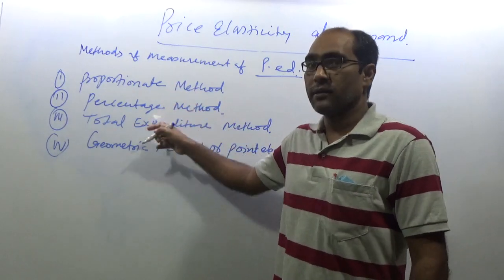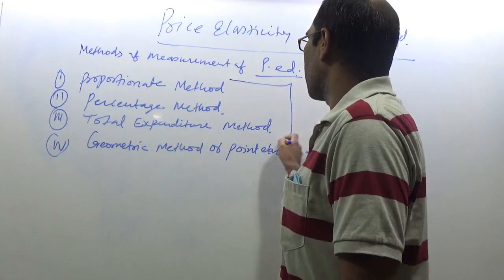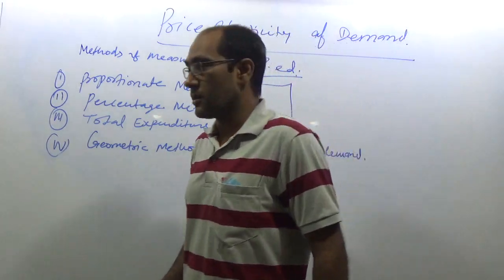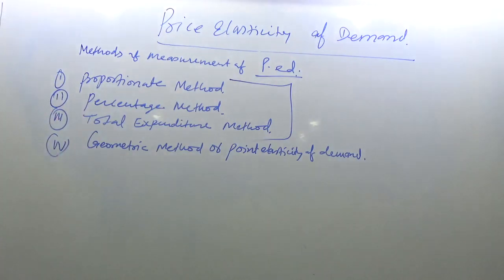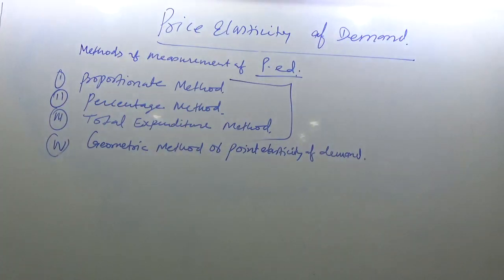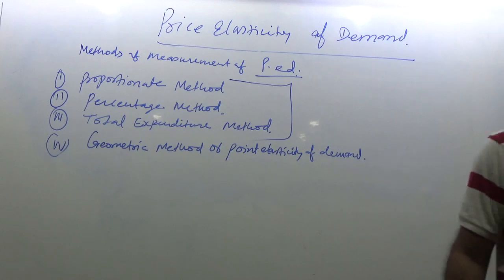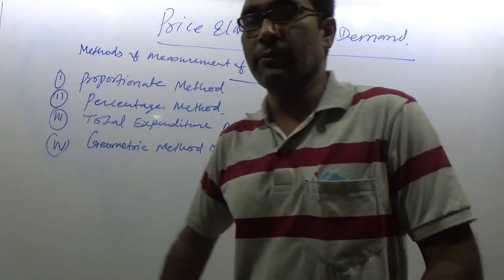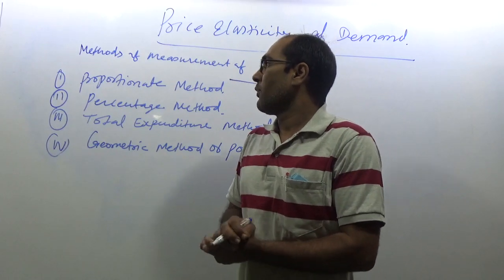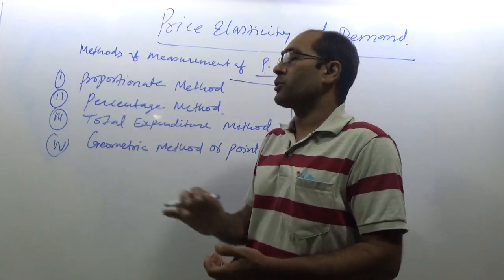First, second and third, these three are numerical methods to measure the price elasticity of demand. But the last one is geometric method. We can use the diagram to measure the price elasticity of demand. So, we have to start with the proportionate.